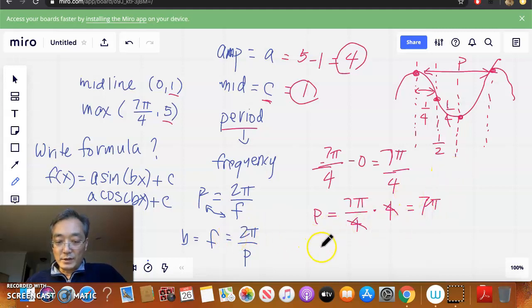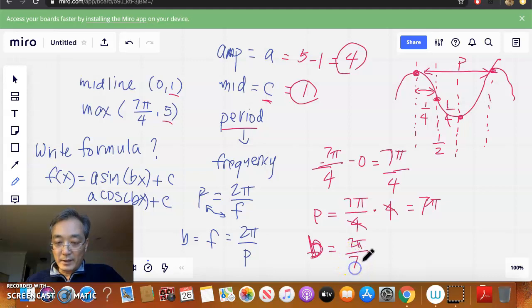The frequency, which I called B, so let's change that. Frequency is now B, equal to 2 pi over the period.